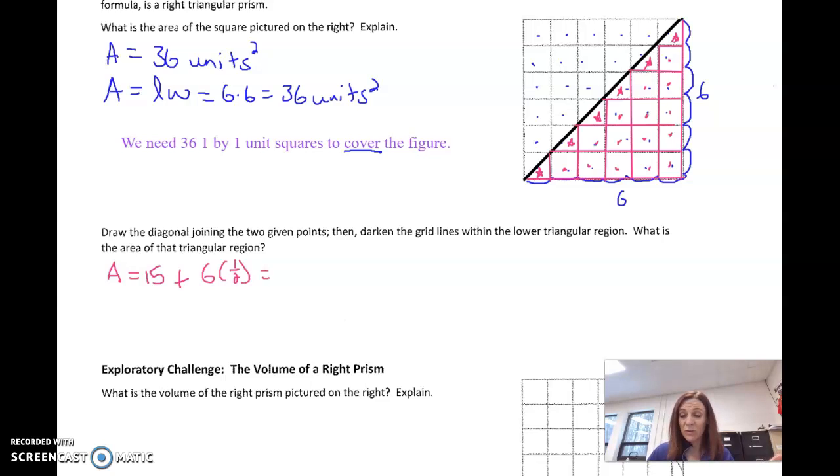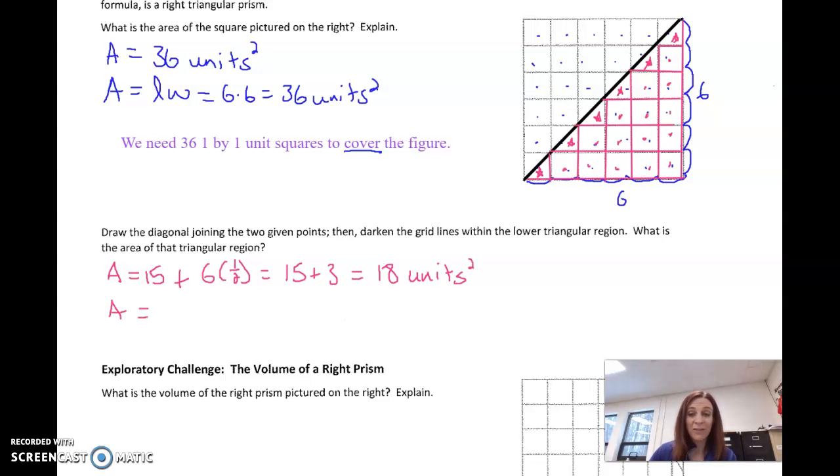If I add my 15 full squares to my 6 half squares, well, half of 6 is 3. I get 18. So to cover that, I would need 18 square units.